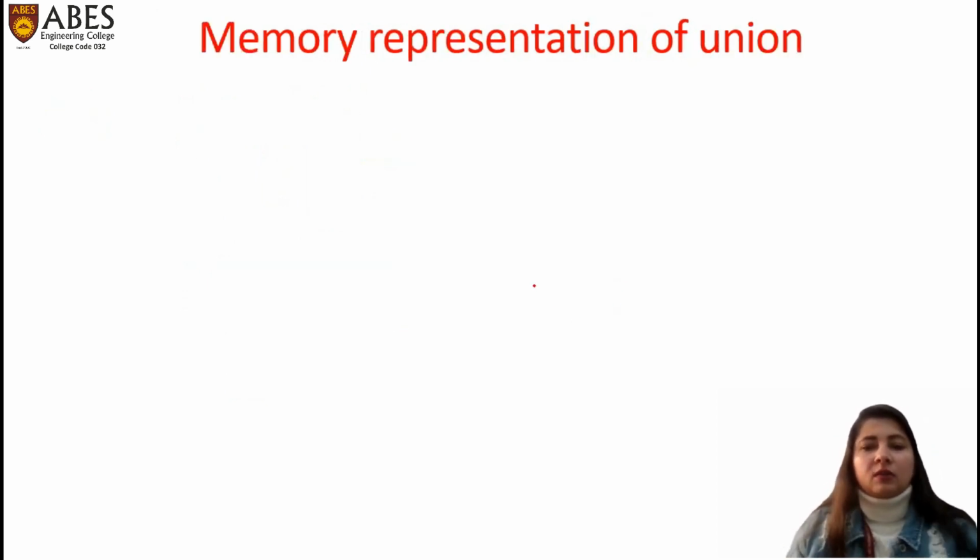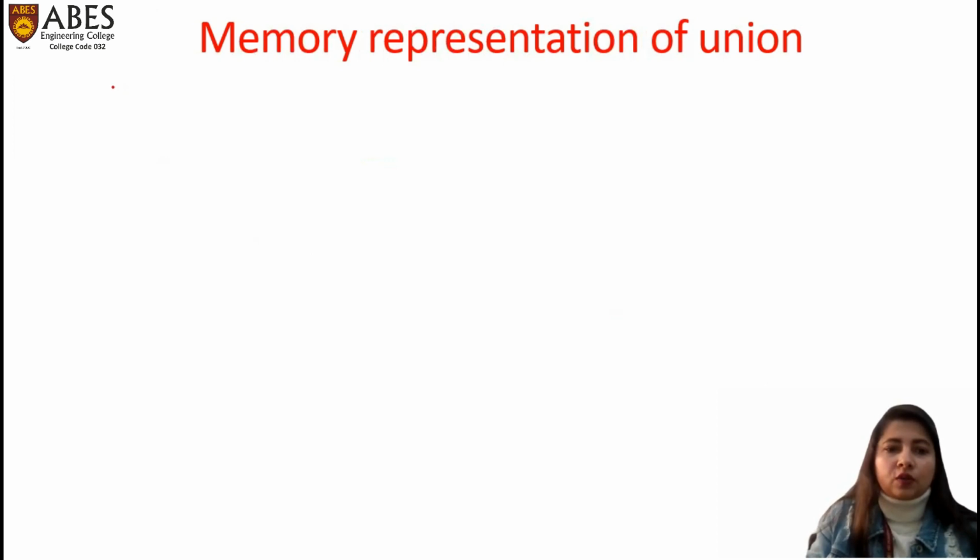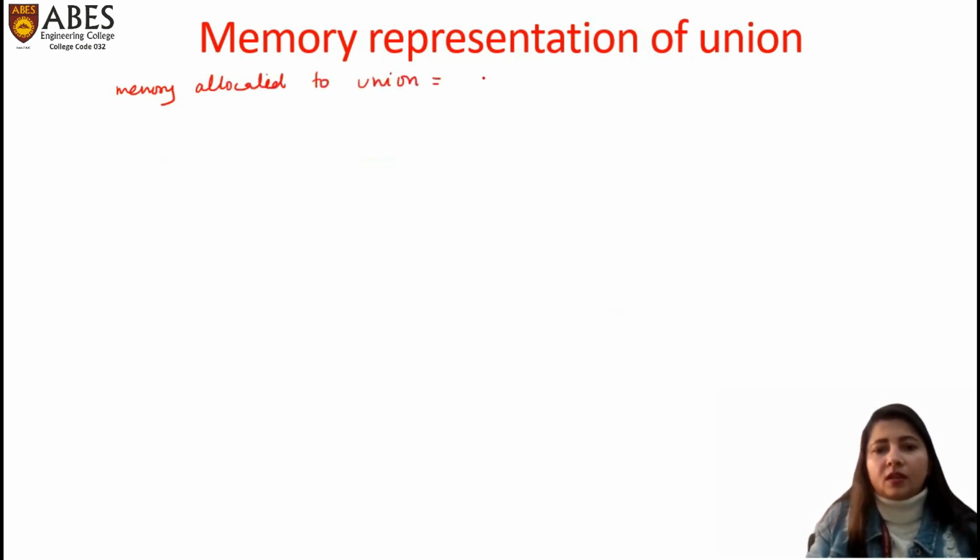So if we look at the memory representation of union, the total memory allocated to union will be equal to the size of the largest member of the union.